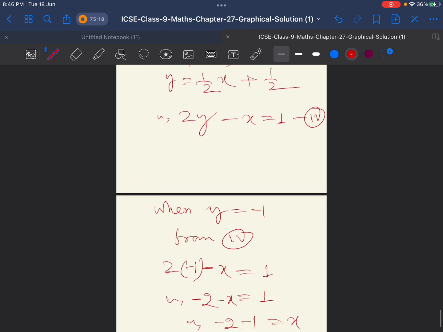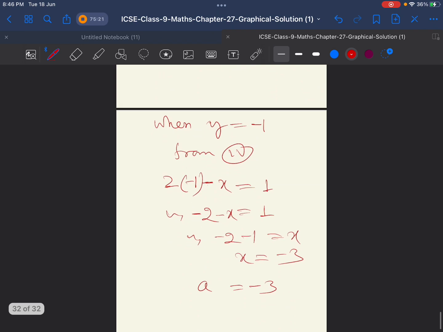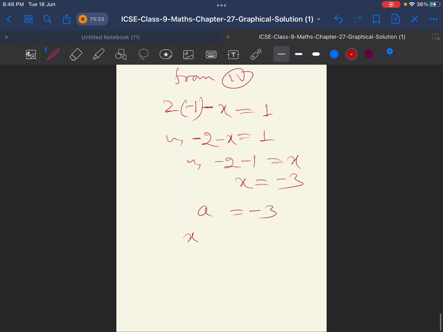So the value of a is minus 3 when y equals minus 1.